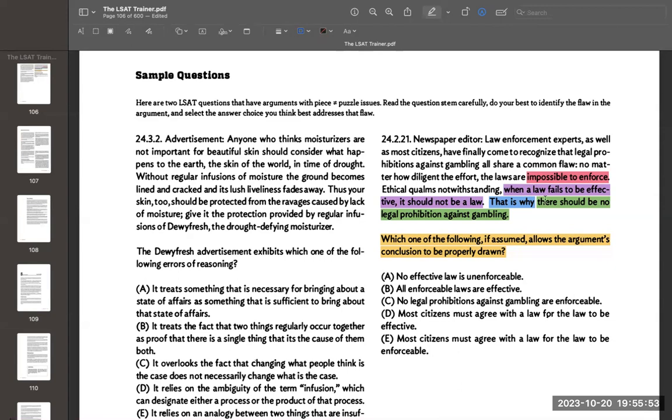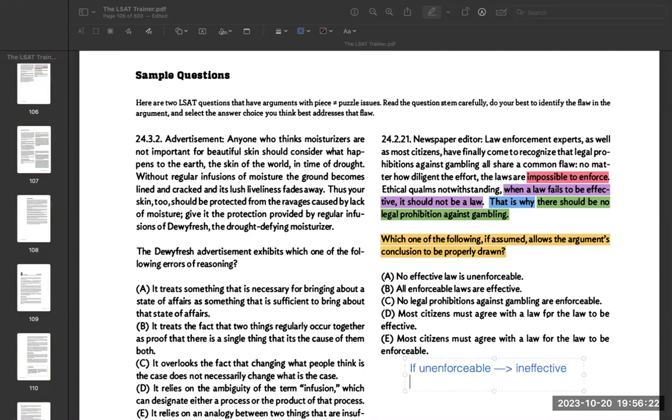So that's the exact kind of relationship that we want to have in the correct answer in order to fill that gap. I'm going to just go ahead and write that out. So what we want is this relationship that if a law is unenforceable, it therefore must be ineffective.